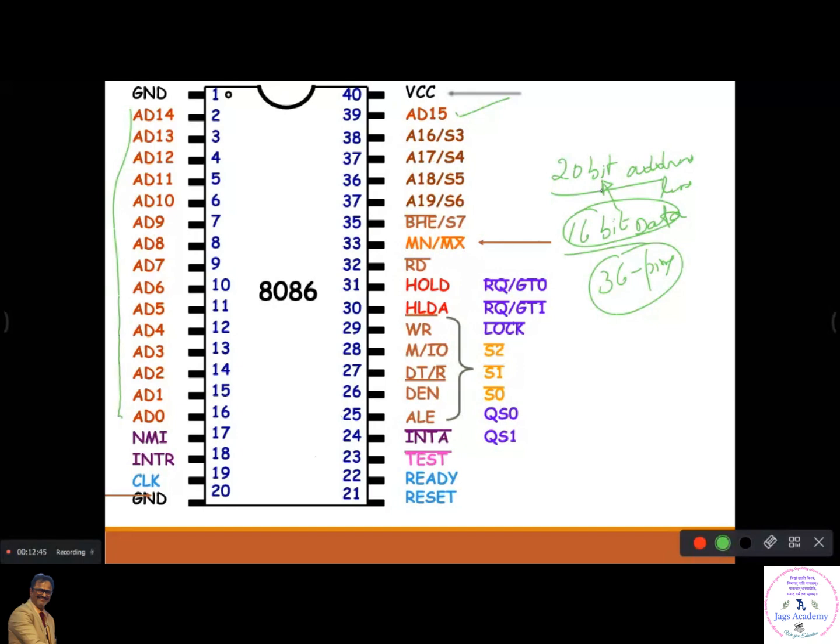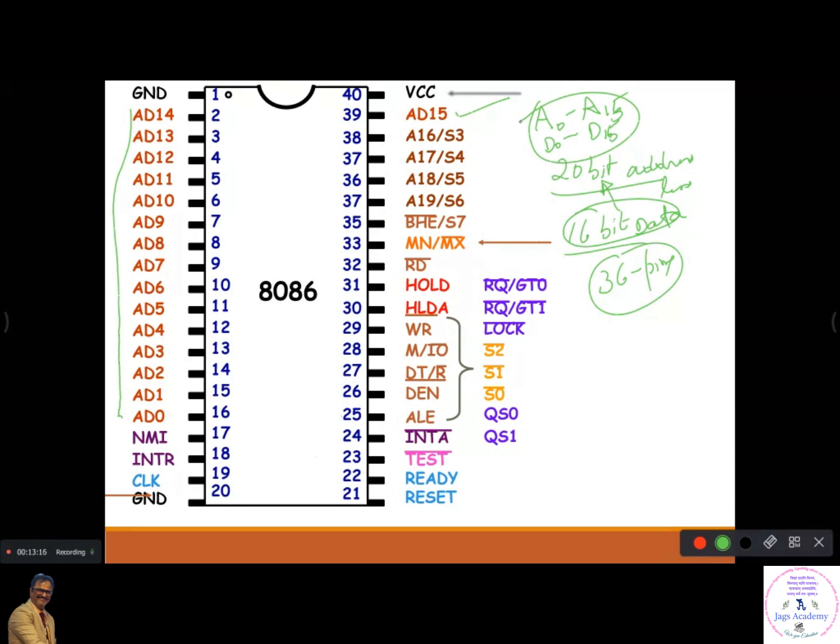That means there is a single pin for each address line, and the same pin is used to transfer data bits. There are 16 data bits possible, D0 to D15, because we start from 0 and go to 15. So these two are multiplexed.